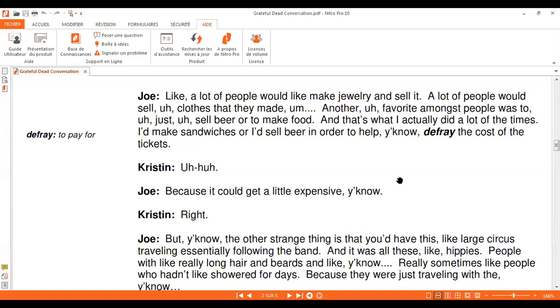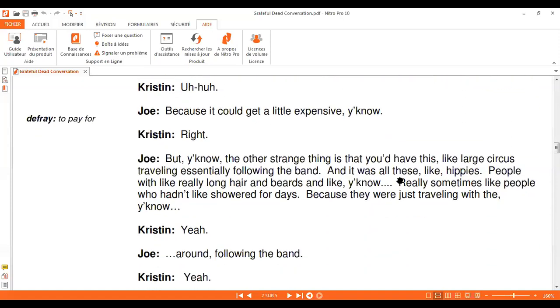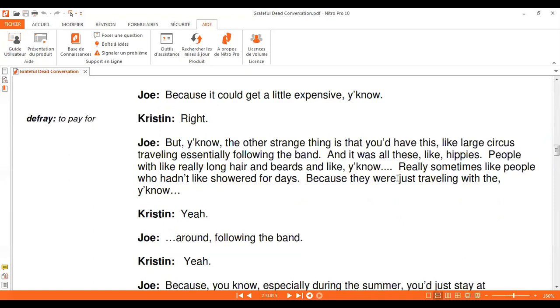I'd make sandwiches or sell beer in order to help defray the cost of the tickets, because it could get a little expensive.